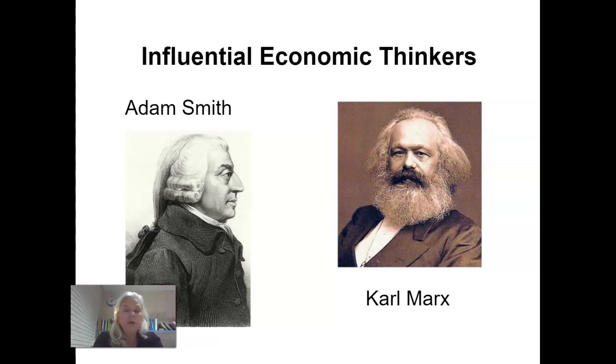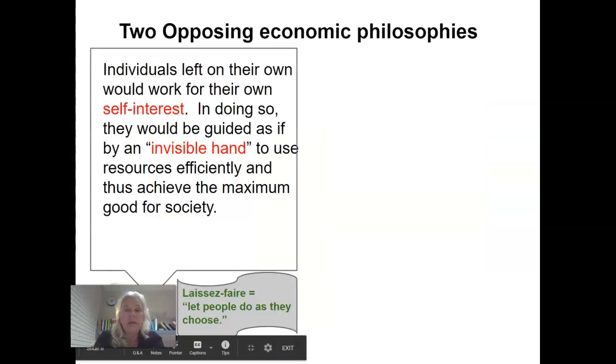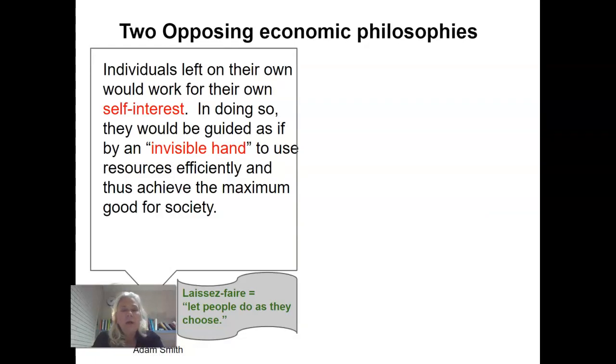Karl Marx was a thinker who was very concerned about the abundance that the bourgeoisie had over the proletariat, the workers, and he felt that there had to be a system in which the economy would be more equitable. Both of these were really, really important economists and have led to our political and economic climate even to this day.